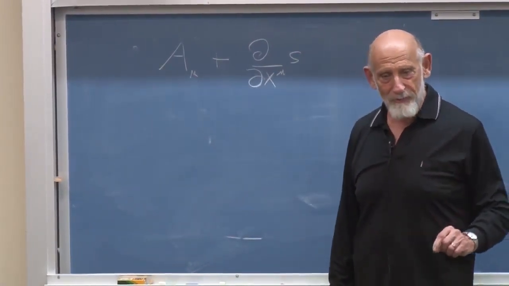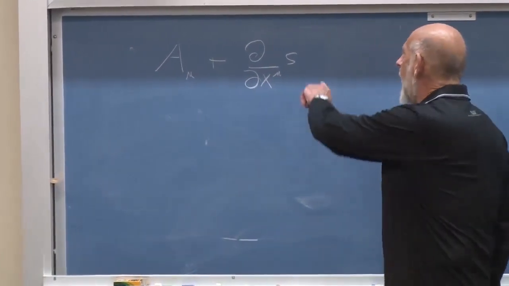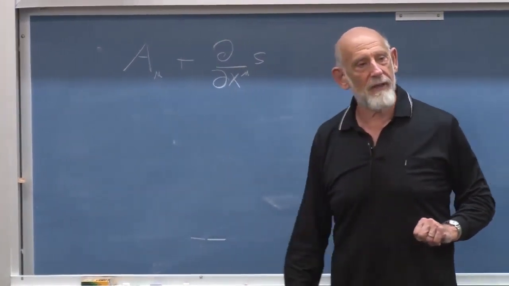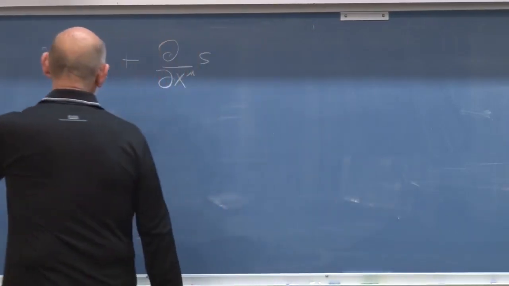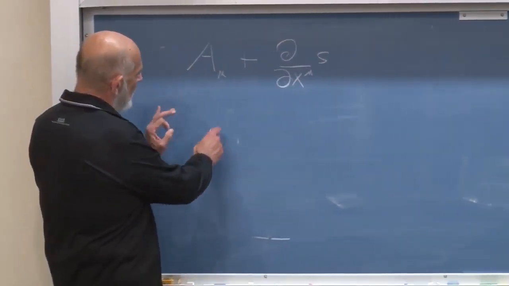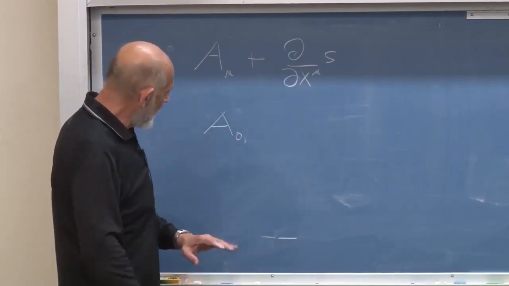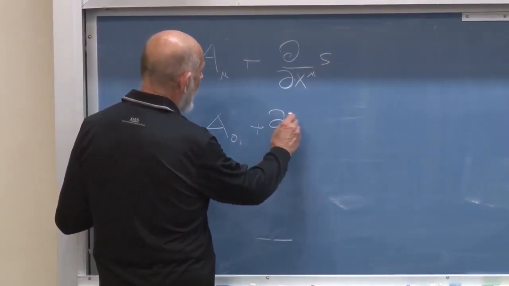For example, here is a particularly simple simplification that you can make. I'm going to choose S in such a way that the time component of the vector potential is 0. Can I do that? Is that possible? Is it possible to choose an S so that, given any time component, given any A naught, it is possible to pick an S?